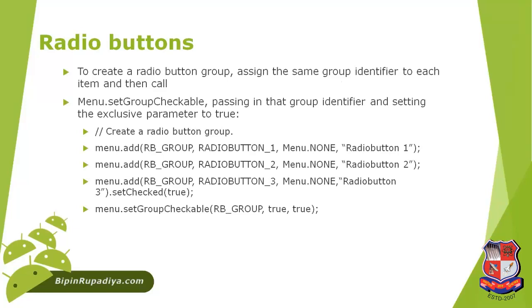So how can we create the radio group in a menu? As you can see, the first item is the group, the menu group, which you can utilize as a radio group. So RB group is the integer constant they have created first. You can keep it anything, 1, 2, 3, 4, any ID that you can specify over there.